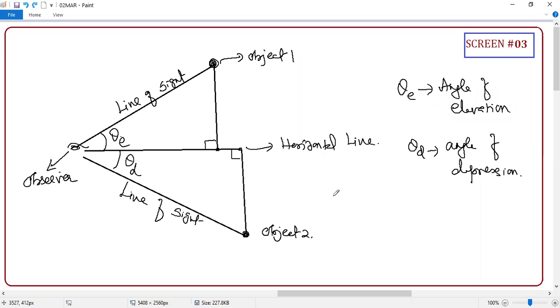So how are these angles going to be measured? There is a special instrument called a theodolite. There is one more instrument, I have seen it on Amazon also: the clinometer.